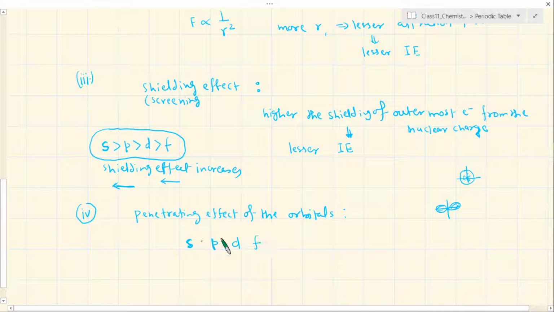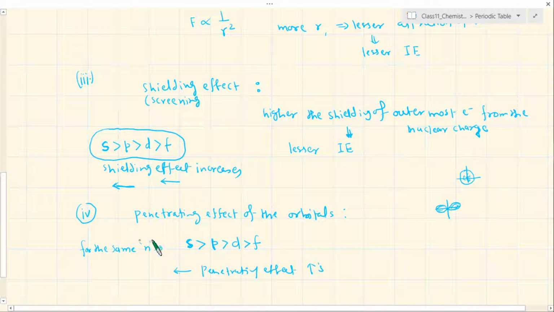For the same principal quantum number, for the same n value, the penetrating effect of s is always higher than p orbital, then d orbital, and then f orbital. So I should say that penetrating effect increases if you go in this direction.